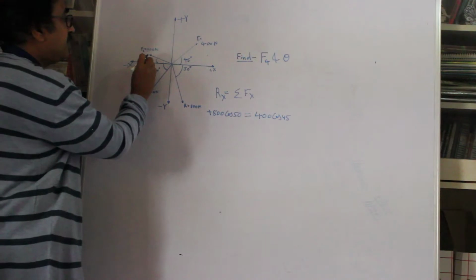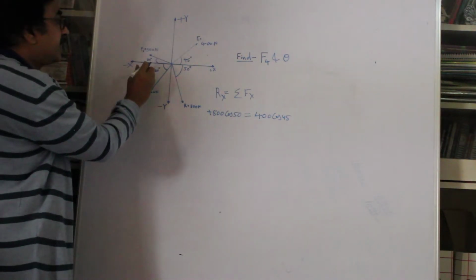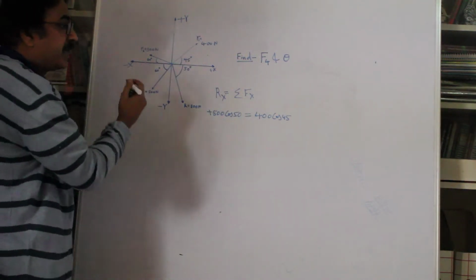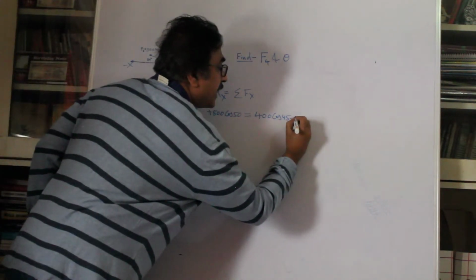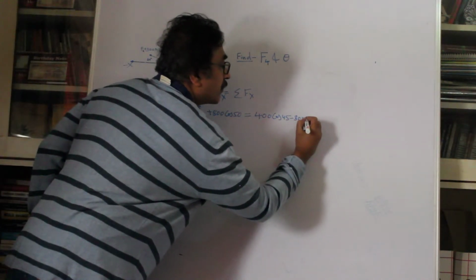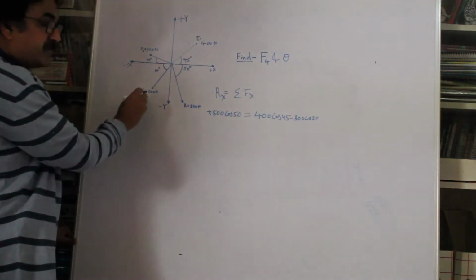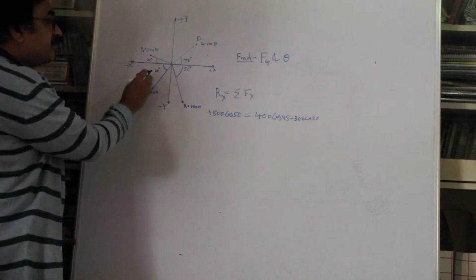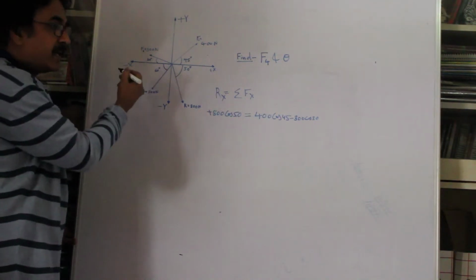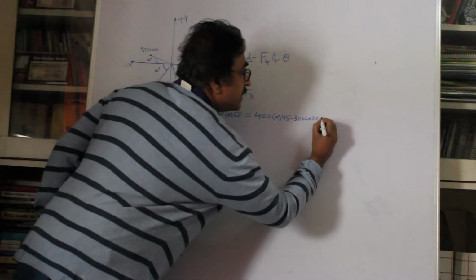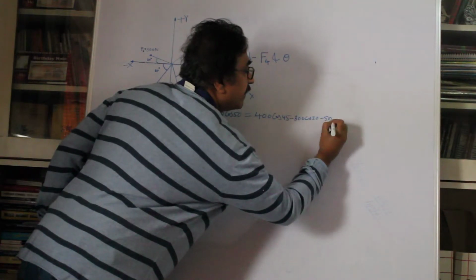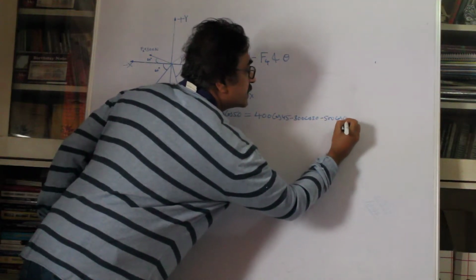Similarly, come to F2. This is 300. Resolve it horizontally, cos 30 in negative direction. So it is minus 300 cos 30. Come to the 3rd force. It is 500. Resolve horizontally, it will be 500 cos 60 in negative direction. So minus 500 cos 60, right?